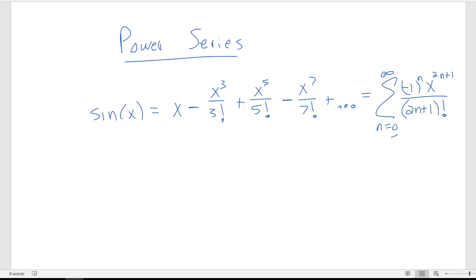So here is the power series for the sine function. We call this a power series because it's powers of x. Now, if I plug in a particular value of x, say x equals 1 radian, I get 1 minus 1 cubed over 3 factorial plus 1 to the 5th over 5 factorial, and that takes this series back to our prior conversations.